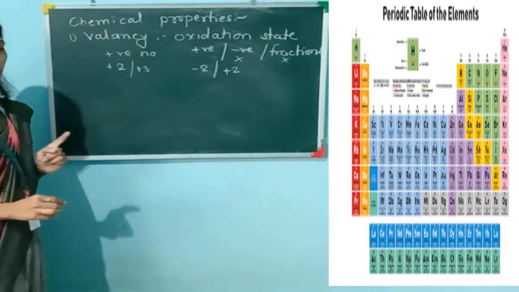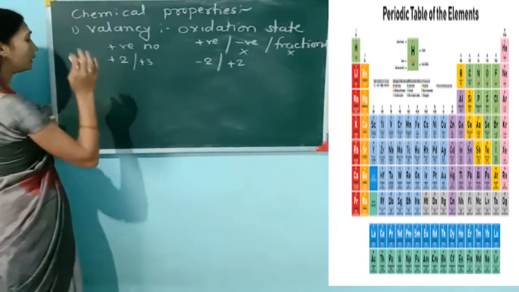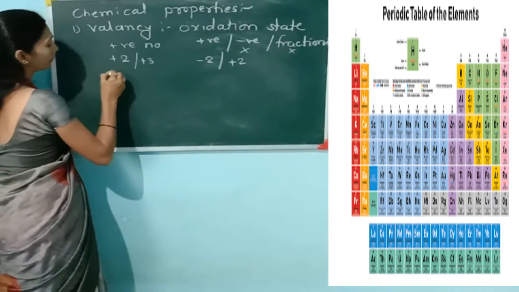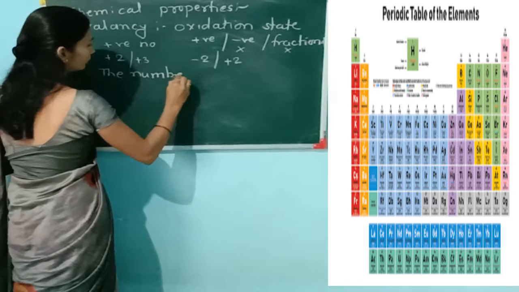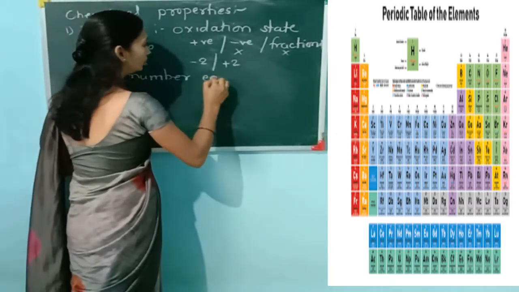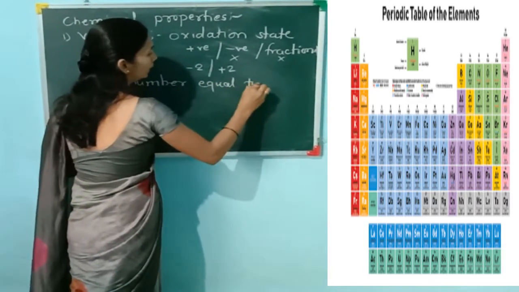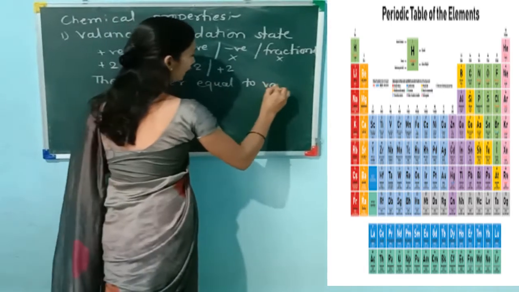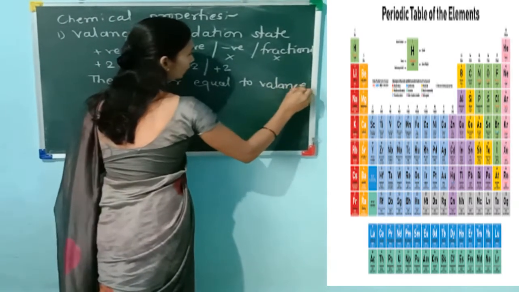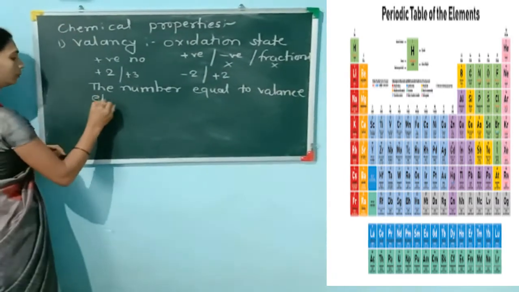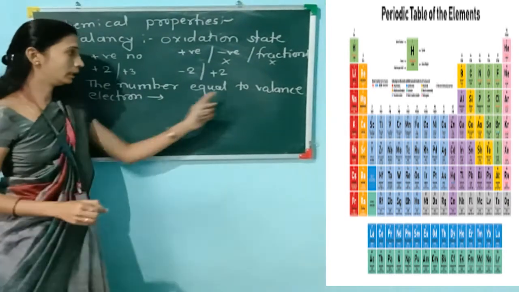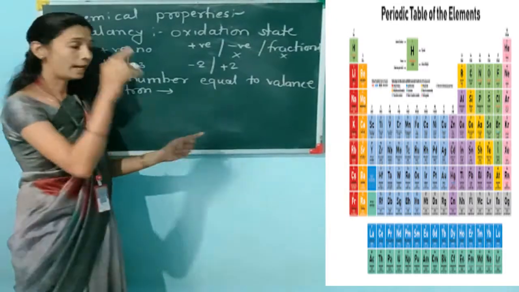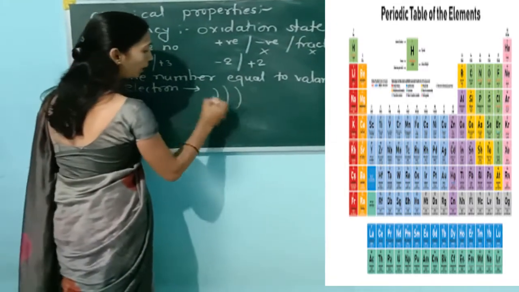Valency has another definition: it is the number equal to the valence electrons. Valence electrons means the number of electrons present in the outermost shell.